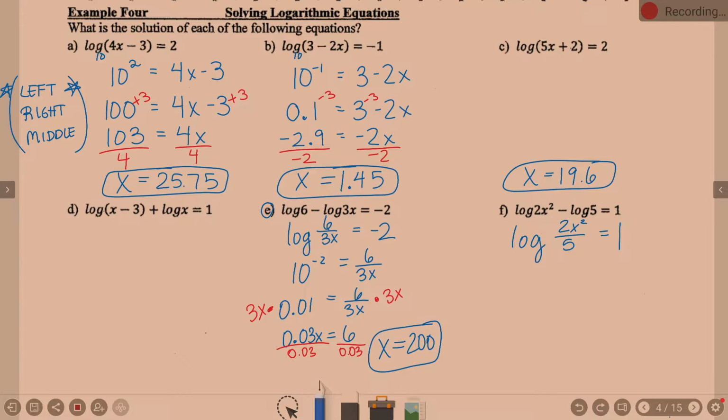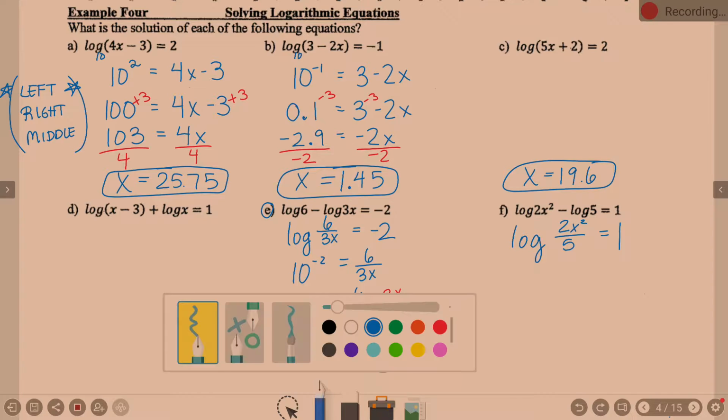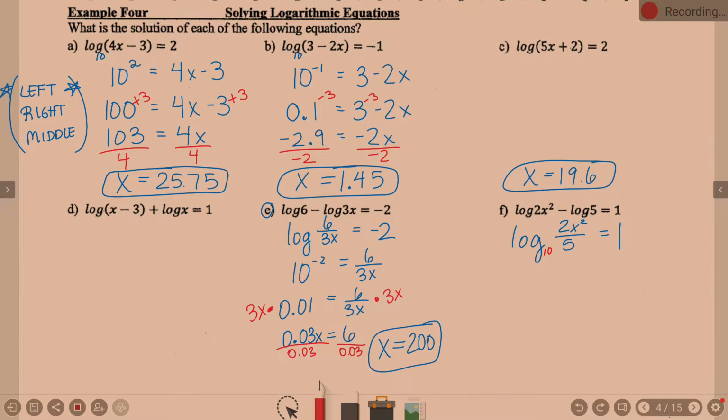What do I do? It's log base 10. So I'm going to do left, which is 10, to the right, which is 1, is equal to the middle, which is 2x squared over 5.